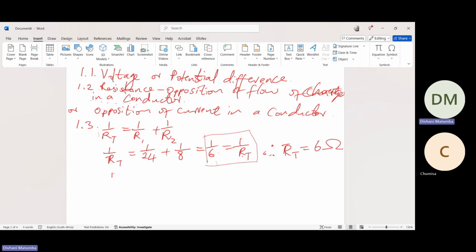You agree? The trick, sir, is that we are not calculating RT in this case. We are calculating 1 over RT.